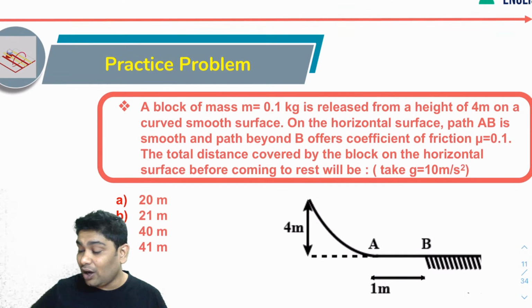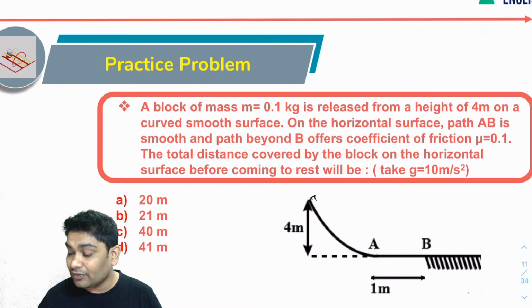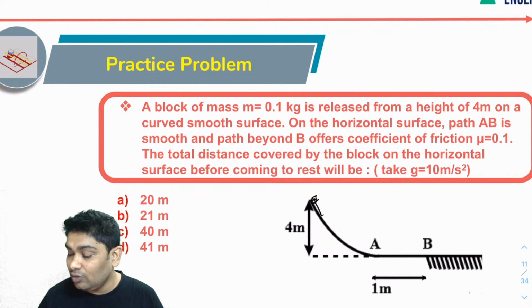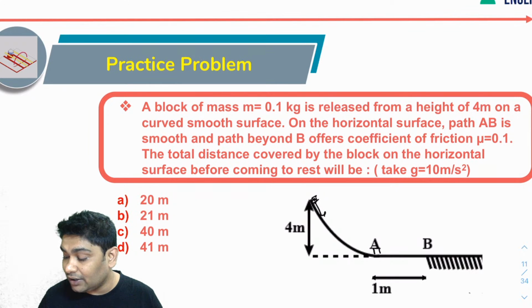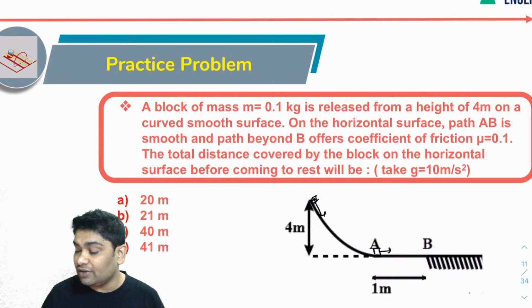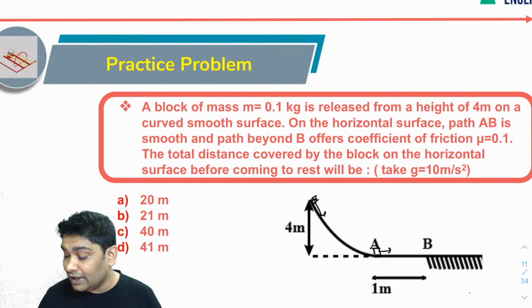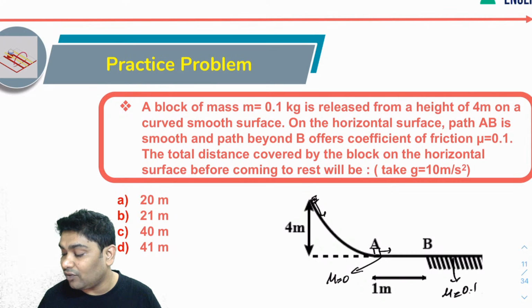You've been told a block is being released from here. It is initially released from here. So it will move along this smooth curve part, hit the horizontal part here, and then it continues. From A to B, the path is smooth. From B onwards, there is friction. So here the friction is 0, and beyond B, the friction has a coefficient of 0.1.